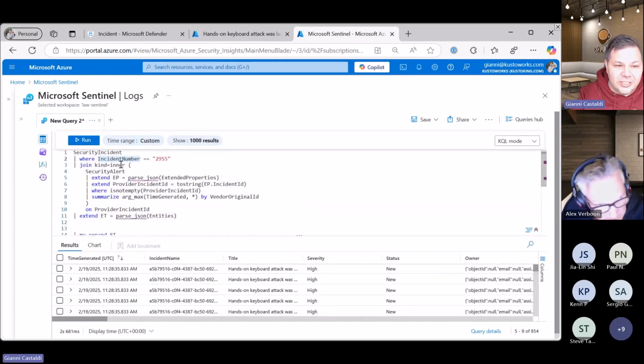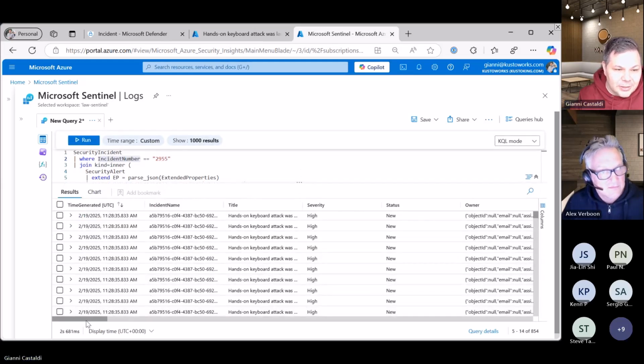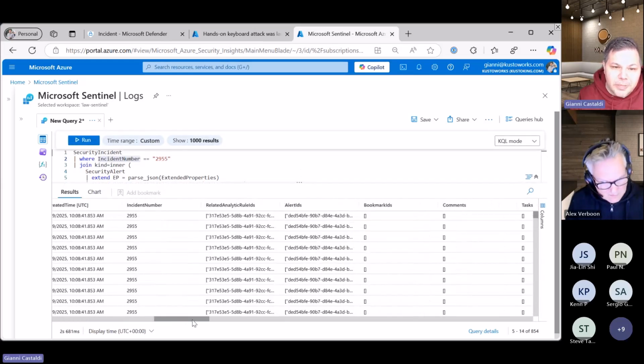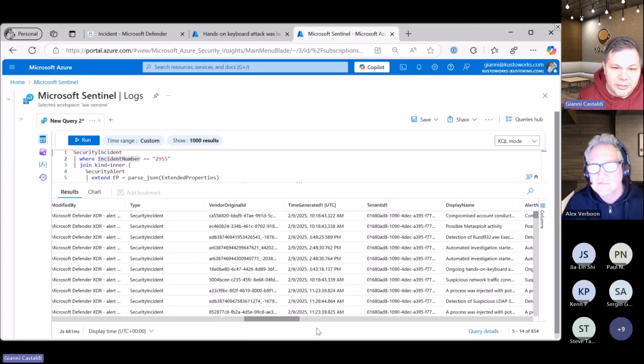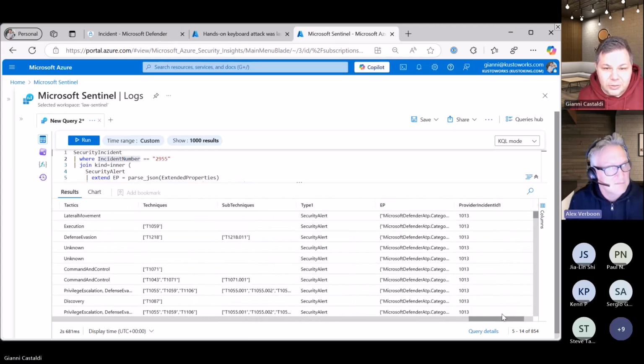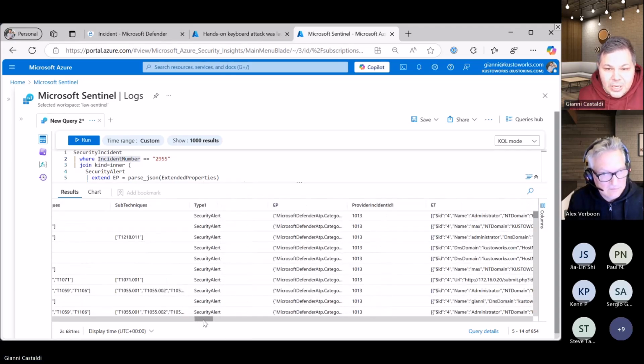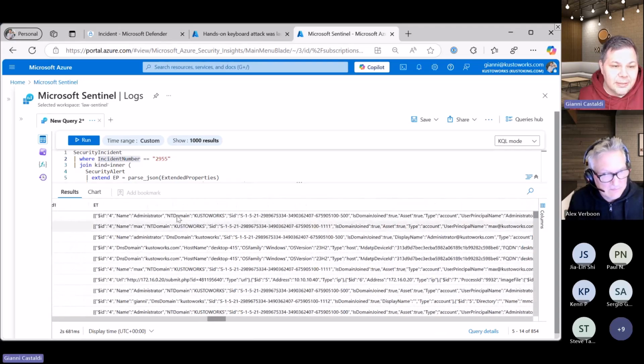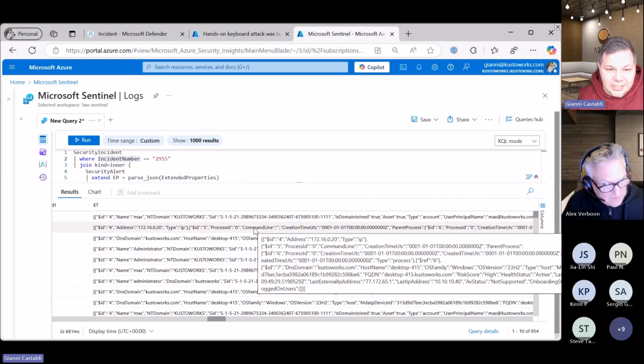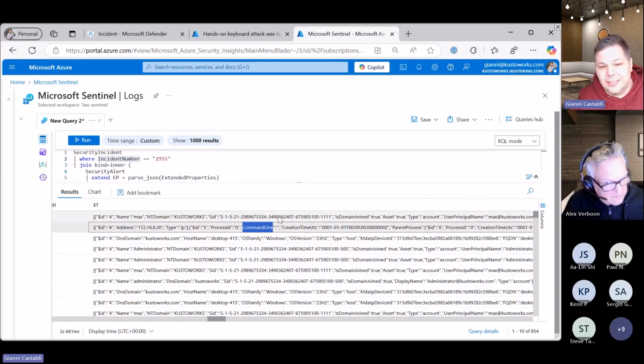We joined the incident on all the records we have in the alerts table. Now we have a lot of entities here. If you look in here, you can see the Cobalt Strike URL. We see everything related, and in this case, we also have the value command line.